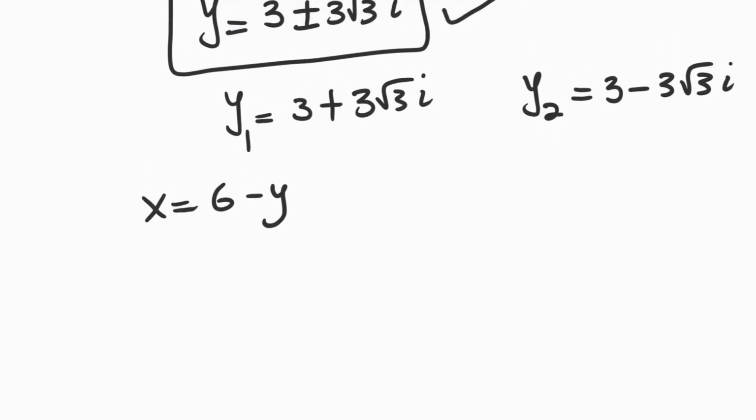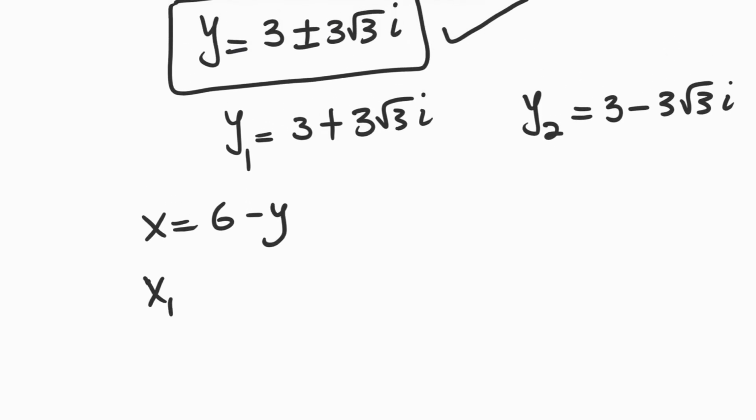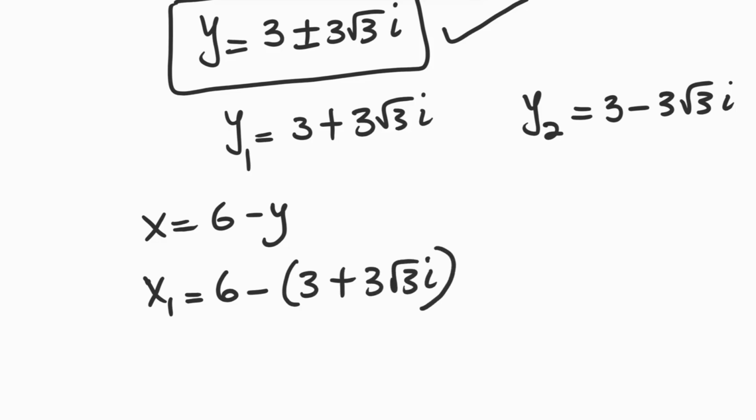So if we plug in the value of y, then we have that x1 is equal to 6 minus 3 plus 3 root 3i. And then x2 is equal to 6 minus 3 minus 3 root 3i.